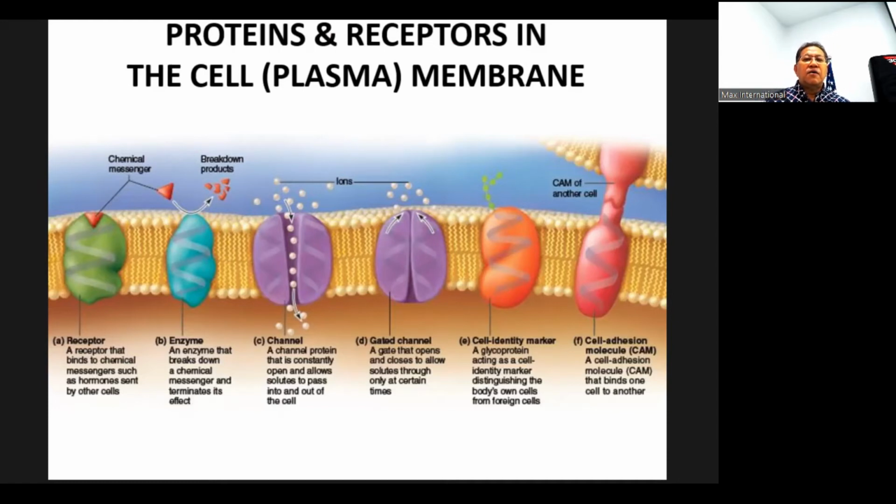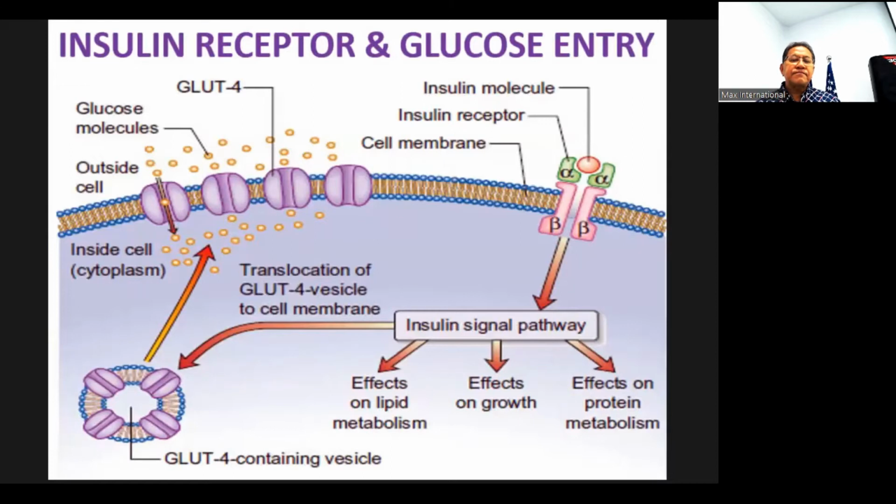Okay, so it's not just as simple as the cell absorbs whatever passes near it. Everything has to go through all these receptors or channels. For example, the insulin receptors.